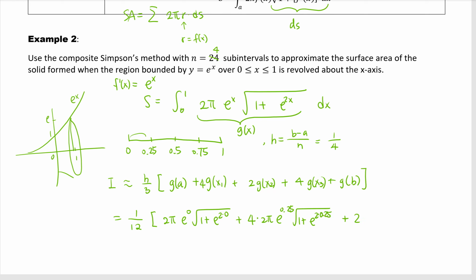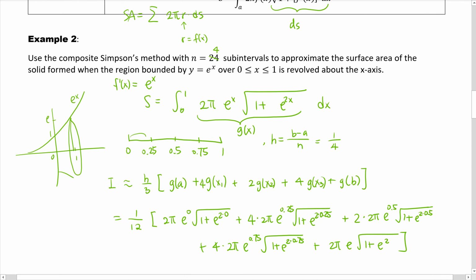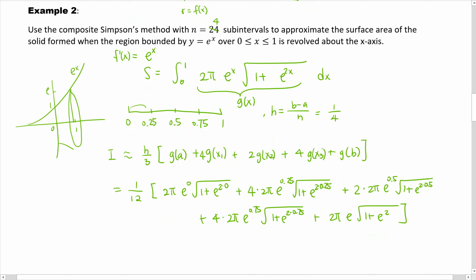Then 2 times 2 pi e to the 0.5 square root of 1 plus e to the 2 times 0.5. Then 4 copies of 2 pi e to the 0.75 square root of 1 plus e to the 2 times 0.75. And g of b, so 2 pi e to the 1 square root of 1 plus e to the 2. Okay, let's plug this into our calculator.